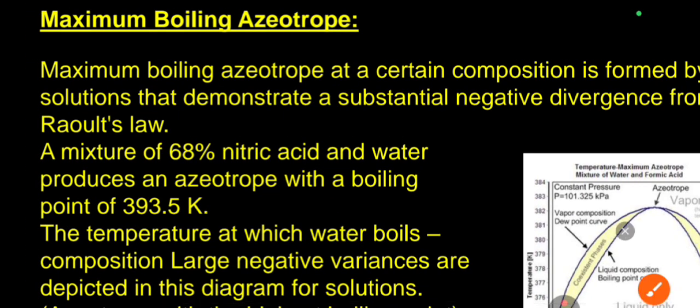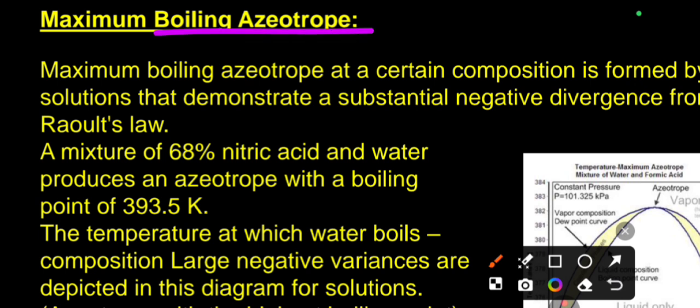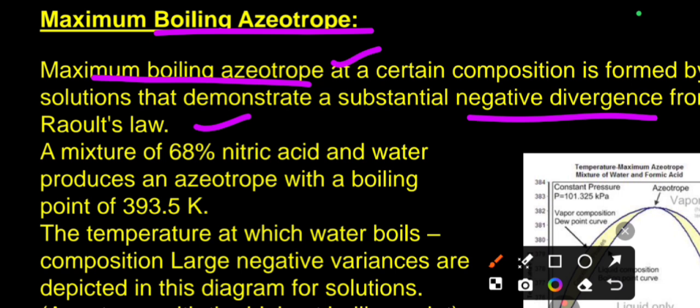So the next type is maximum boiling azeotrope. Maximum boiling azeotrope means it shows the negative deviation of Raoult's law. Opposite word will come. If it needs more boiling point, then vapor pressure will be less. Then which example do you have to learn for the board?